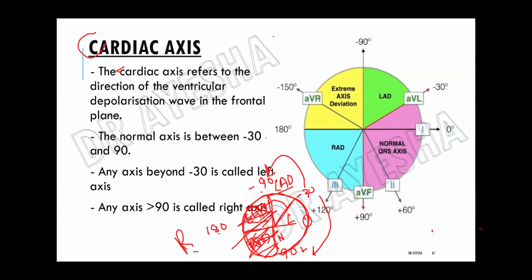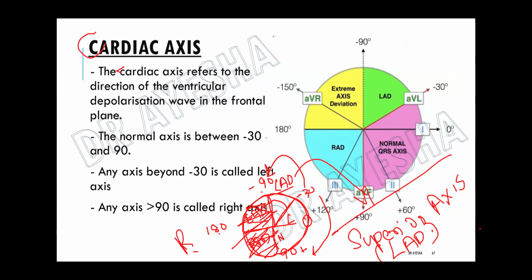One term you encountered when we were discussing ASD was superior axis. What is that superior axis? It is another name for left axis deviation.